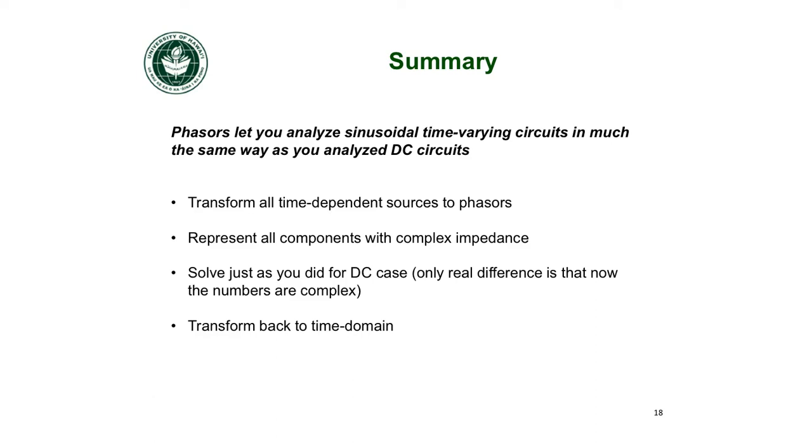And then after we're done with that, if we want to go back to the time domain, we can convert from the phasor form back to time domain. So it's not much more difficult to solve AC circuits than it is for DC circuits. We're still following pretty much the same process. The math is a little more tedious, but other than that, we're kind of just reviewing the nodal and mesh analysis that we did before.